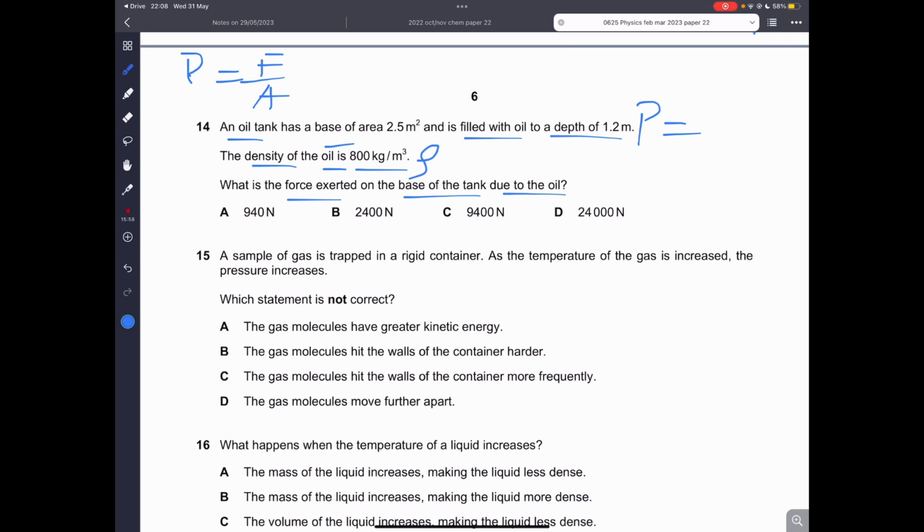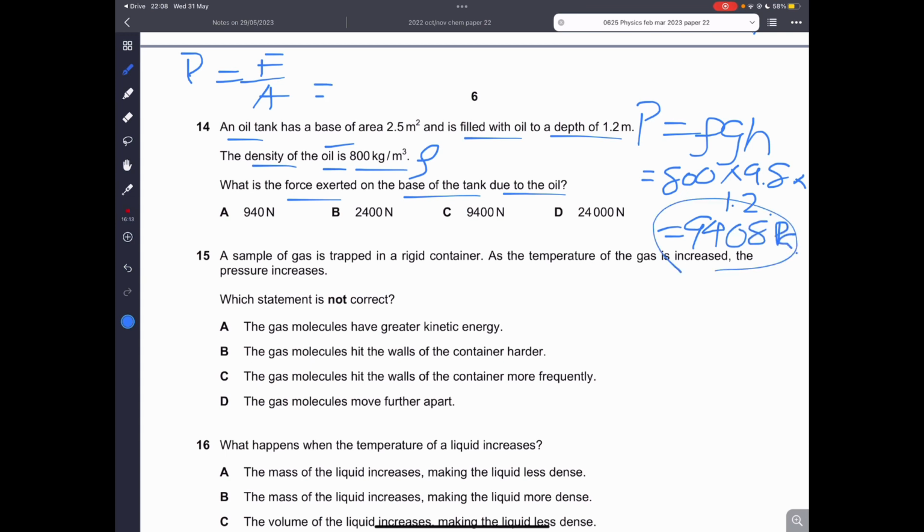Pressure in liquids is rho g h. So 800 times 9.8 times 1.2 is going to give us 9408 pascals. Now, using this pressure, we are going to find the force.